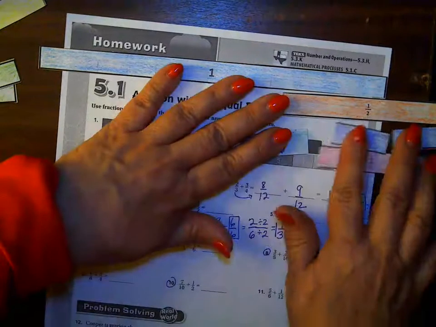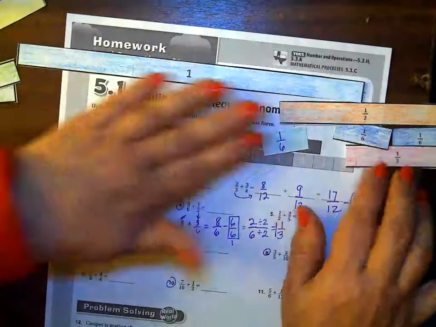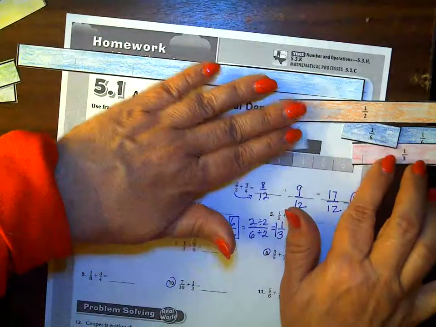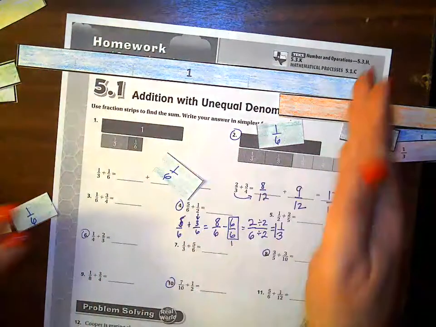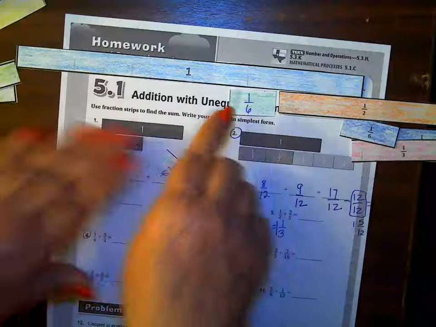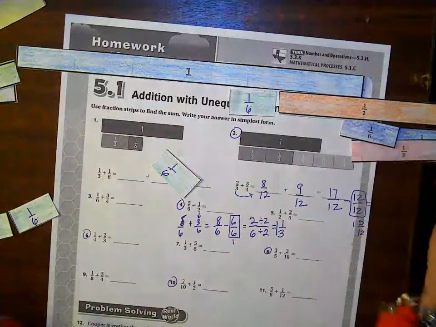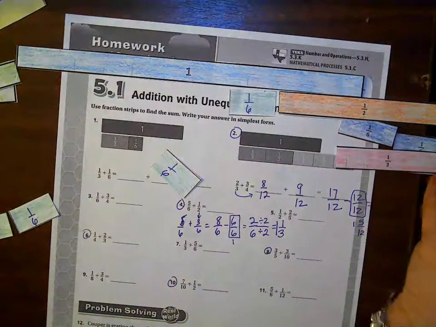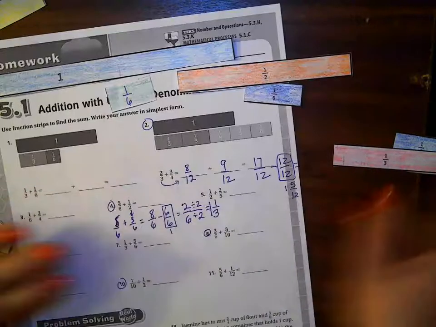Because here is where I was left with that, and that's where it's at. So you have to make sure that they're lined up right. So I have all my 6's, and I have that one whole, and then I was left with 2 6's, or it's equivalent to 1/3. Okay. All right, let's move to the next.